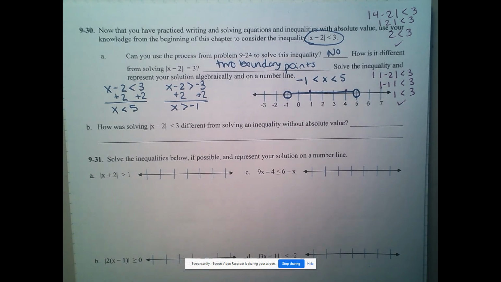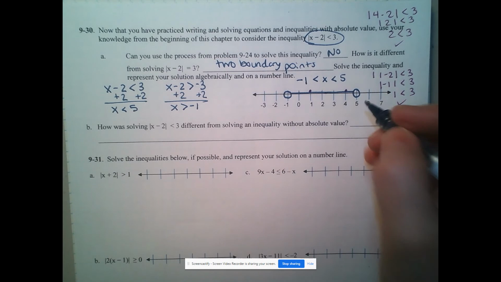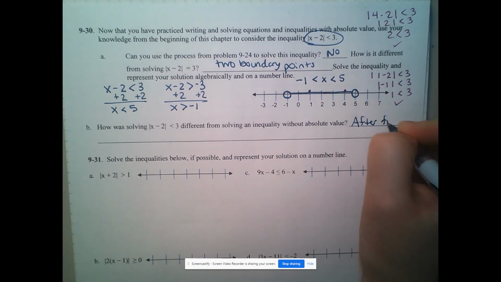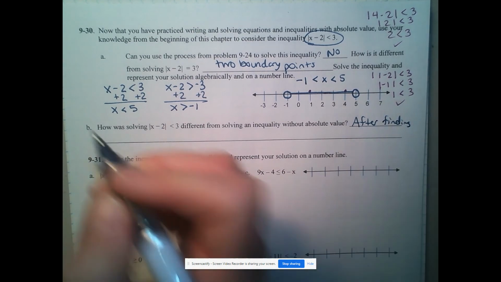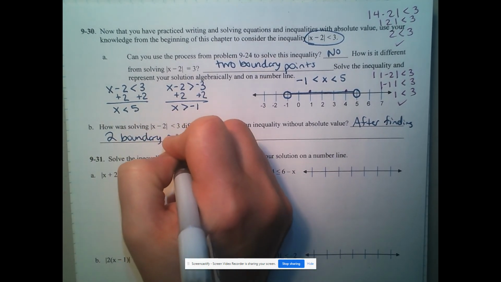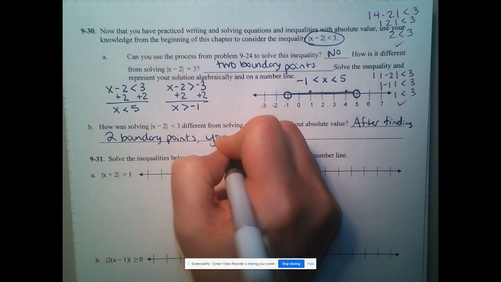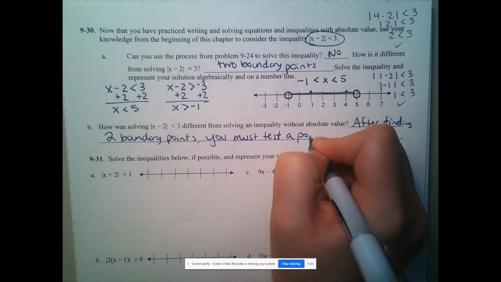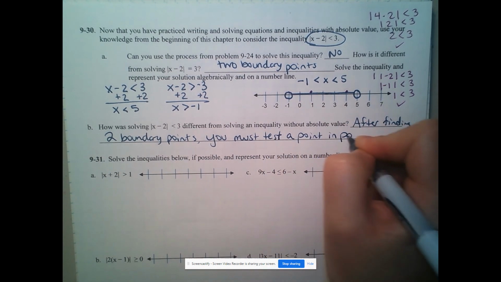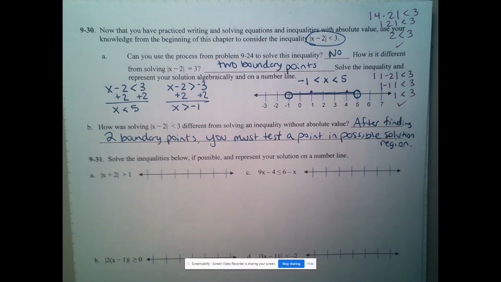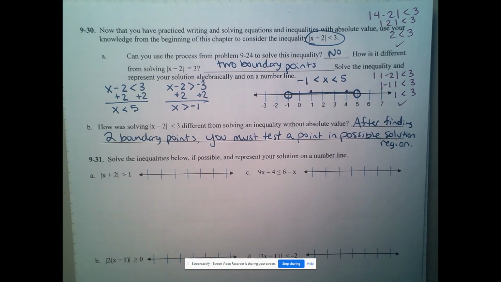So that would be one thing that's different is, let's see, after finding 2 boundary points, you must test a point in the possible solution region. So you have to make sure you're taking both that sort of lower cutoff and upper cutoff into account.